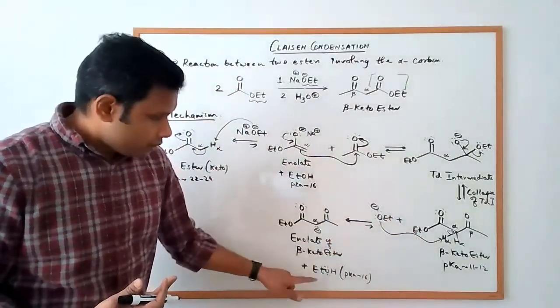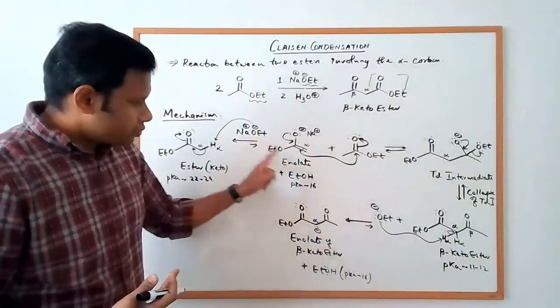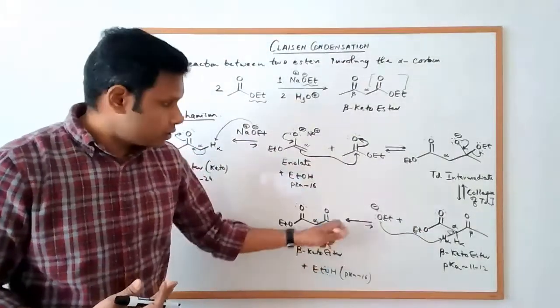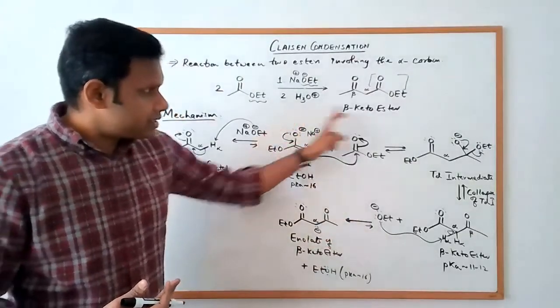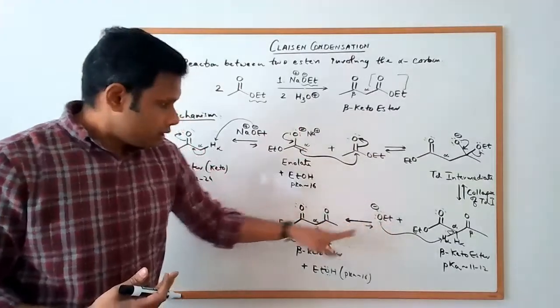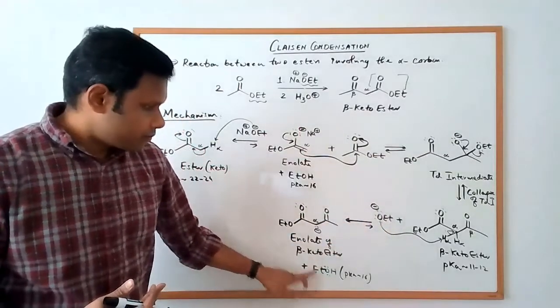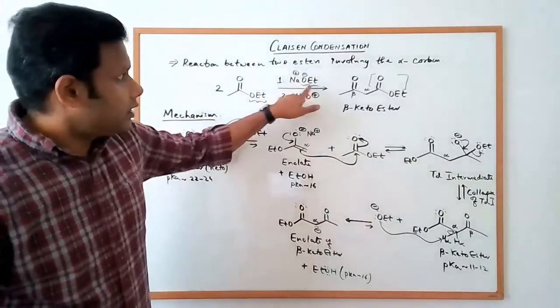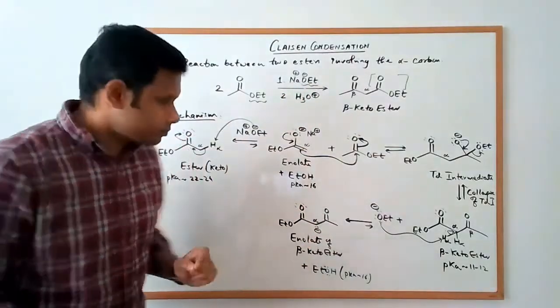And when you do this, we are consuming the base that we are using. The ethoxide, although it seemed catalytic until this point, is now used up for this final deprotonation to get the enolate. So this is where we are at the end of the first step.